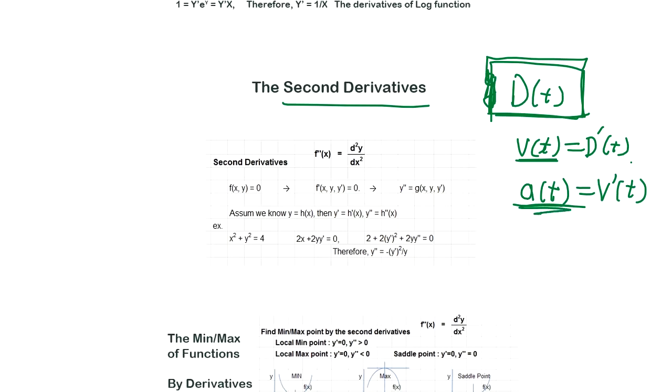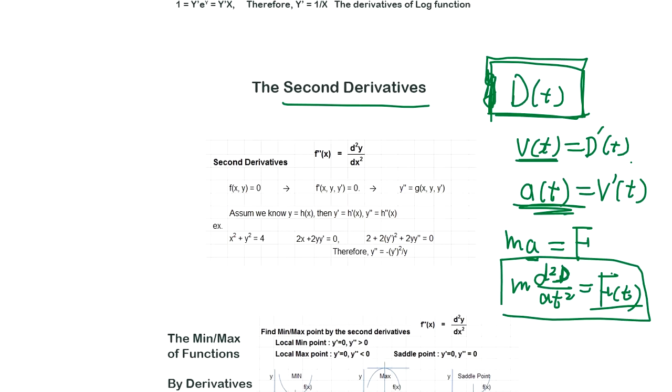So second derivatives is important. And actually Newton's law, F equals ma, acceleration, is m times second derivative of distance. So you apply the force according to time profile, then you will get distance function. So this is Newton's law, second derivatives.